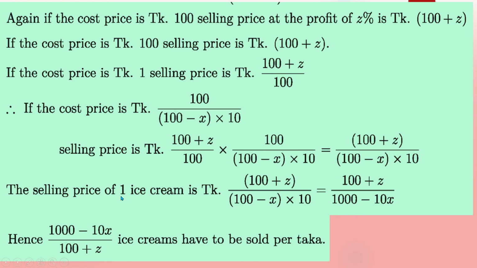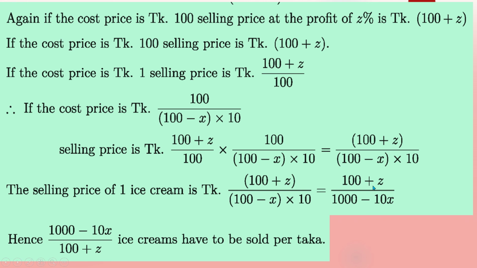Therefore the selling price of one ice cream is taka this, and we can write 100 plus Z divided by, after multiplying this and 10, 1000 minus 10X. So this is for one ice cream. So we can write 1000 minus 10X by 100 plus Z ice creams have to be sold per taka.